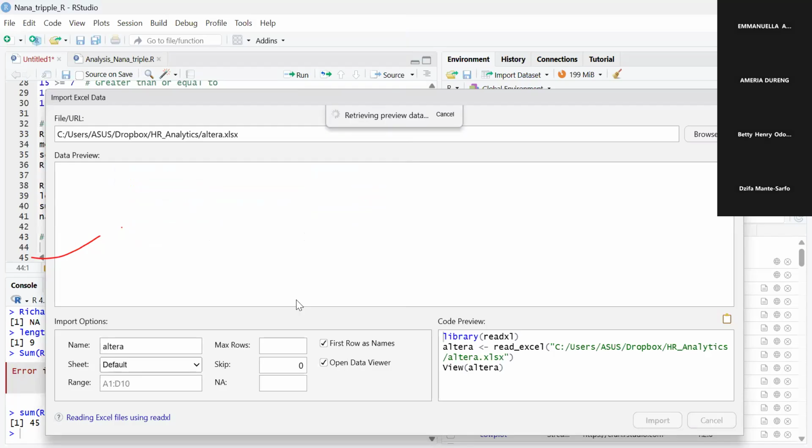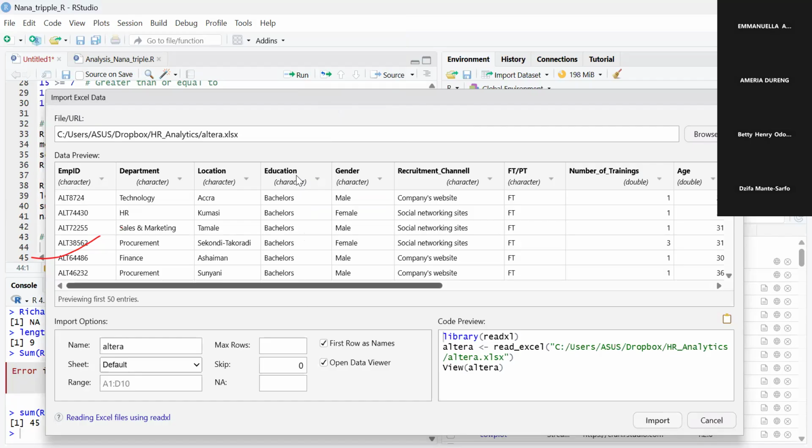Okay, so please, can you see my importation of data? Yes, please, Prof. Okay, let me be sure you can see how the data looks. Can I move on from here? Yes, please. So after that, I click on import.